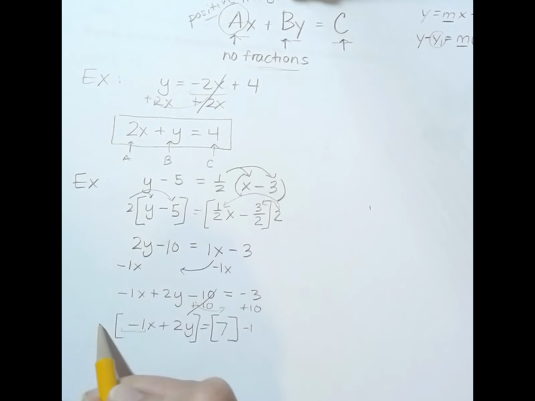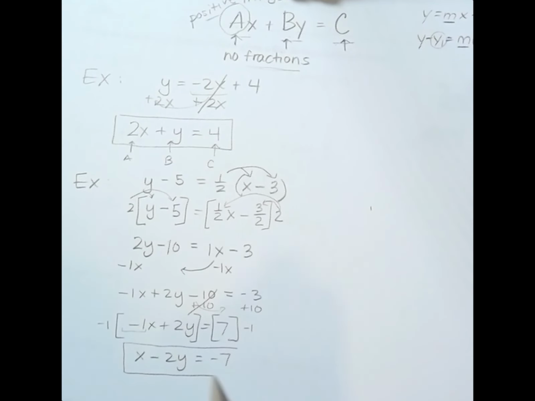Really all that does is change all of the signs. When you multiply by -1, you just get the opposite of everything. So that was a longer problem. There's my answer in standard form. My A is 1, my B is -2, that's this coefficient, and my C is -7.